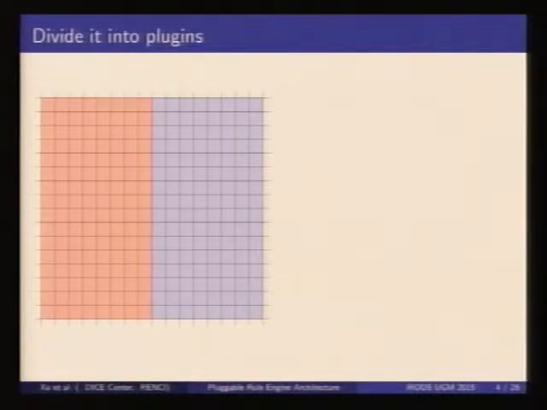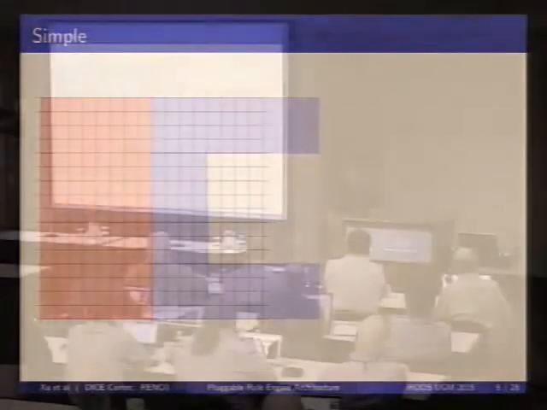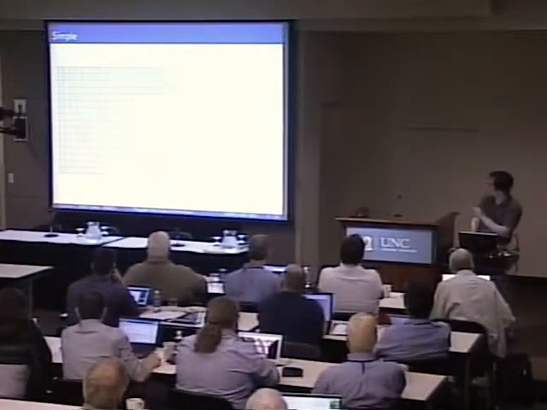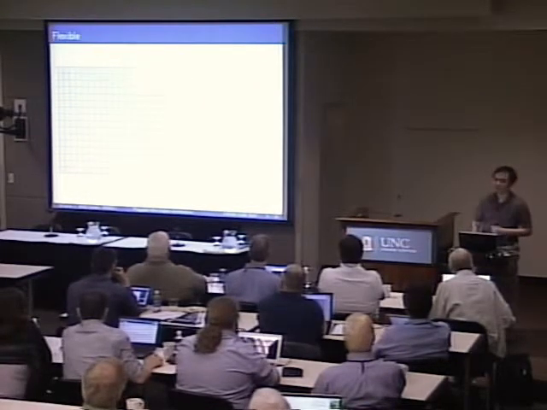You just vary the blue part. So it reduces the amount of work you have to do when you implement a new feature. It's flexible because you can vary the blue part and create a new feature, and you can vary the blue part in different ways, and that gives you different features, like this.